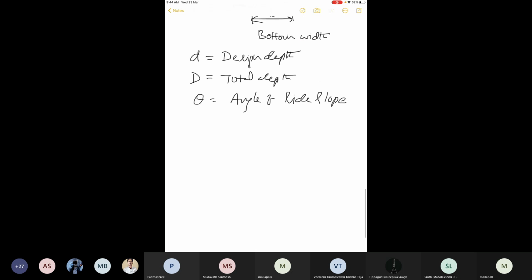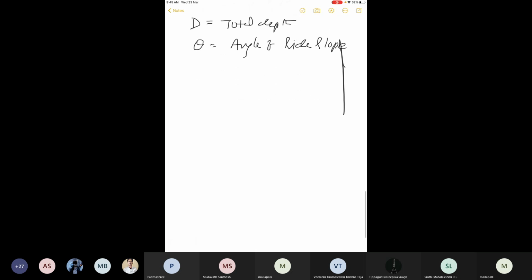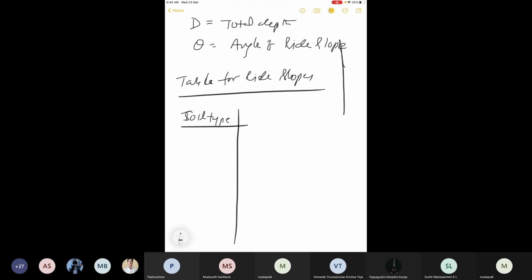In this table you have the soil type in column 1 and the side slopes, which are given for shallow channels and deep channels, that is shallow ditches versus deep ditches.